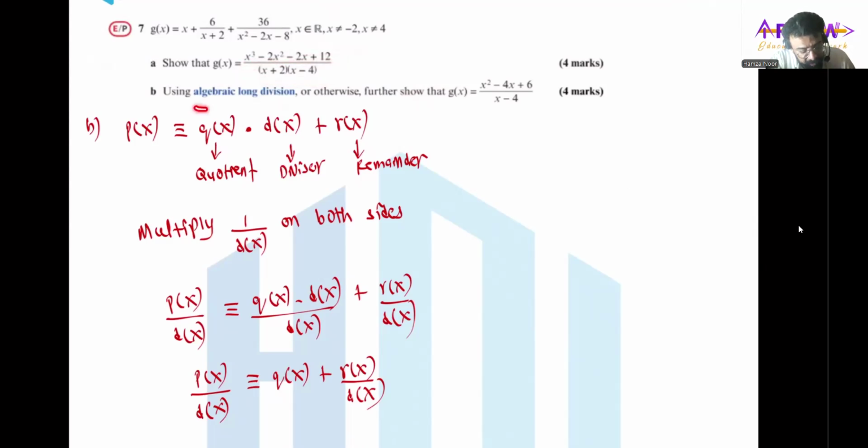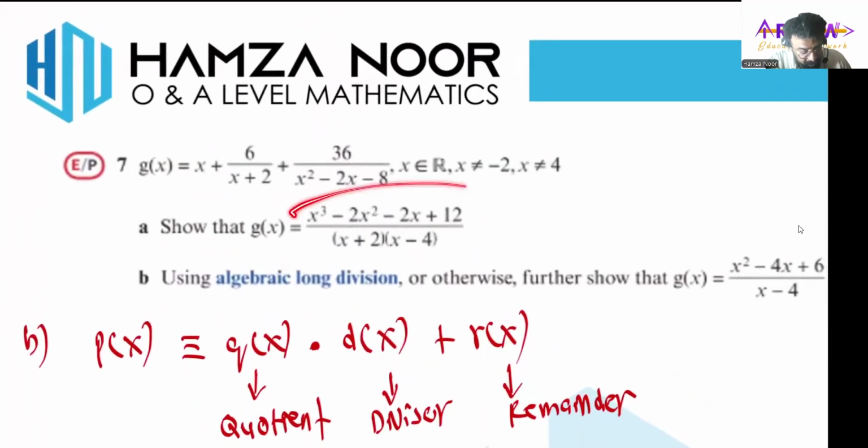So using algebraic long division or otherwise, further show that gx is equal to x square minus 4x plus 6 completely divided by x minus 4. All right, so we are going to divide the polynomial by the divisor, meaning this result which you have obtained in part A, x cube minus 2x square minus 2x plus 12, will be divided by x plus 2 multiplied by x minus 4.